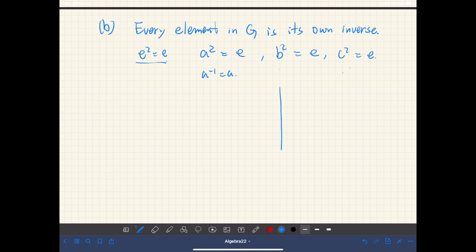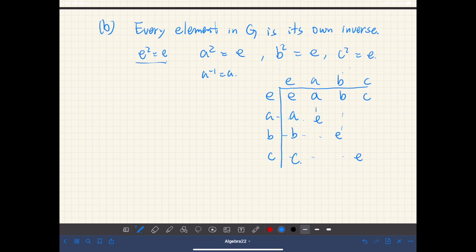So let's see. Up to this point, A, B, C, E, A, B, C. So the diagonal elements are all E. And of course, we can fill the first row and first column. Okay, now let's try to fill other places.